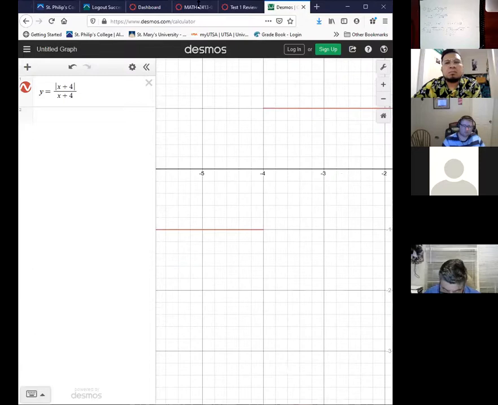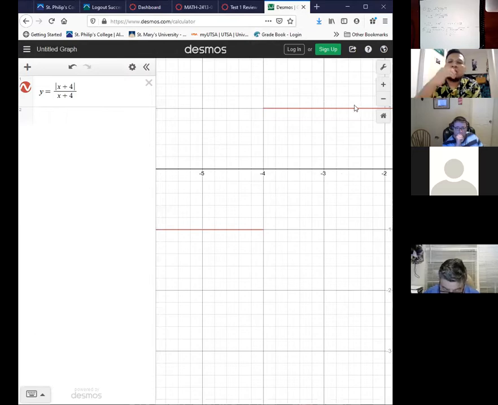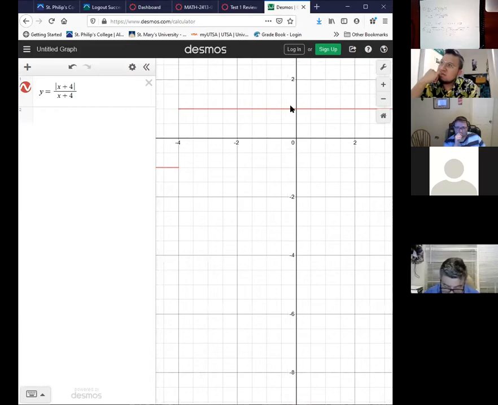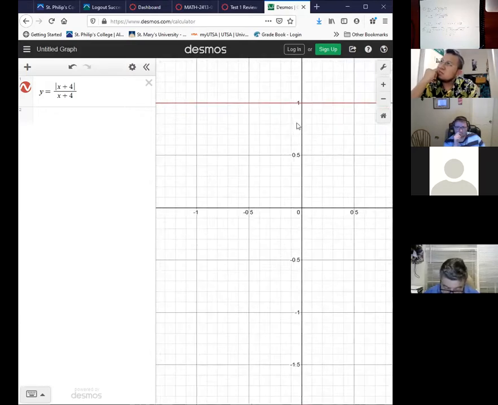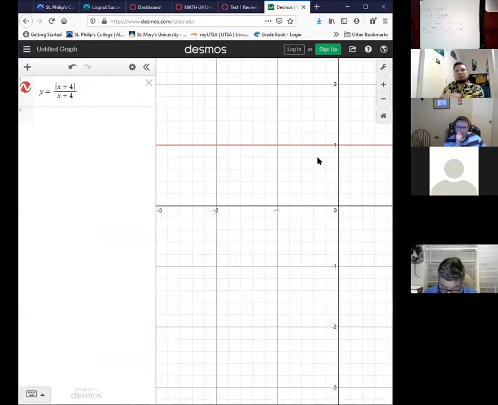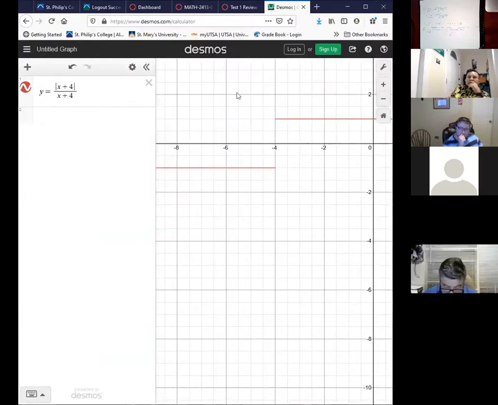So the review said from the positive. The y value is negative, actually positive. Positive 1. Yeah, that's what they have. If you did not use the graphing method, you can plug in numbers closer and closer to negative 4.